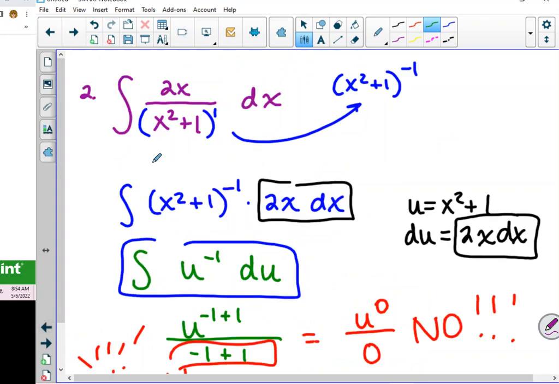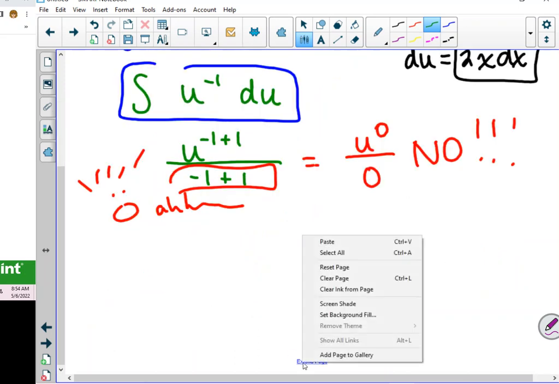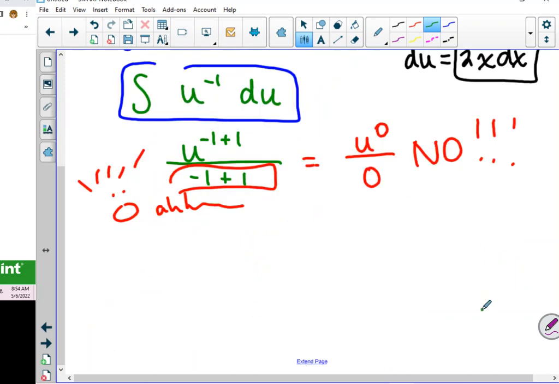Well, when we run into this kind of problem, and I go through the U sub, and you're getting ready to take the antiderivative of U to the negative 1, you've got to remember, oh, I've got a special rule. This is the natural log of the absolute value of U plus C. The absolute value has to be there because you can't take the natural log of negatives.